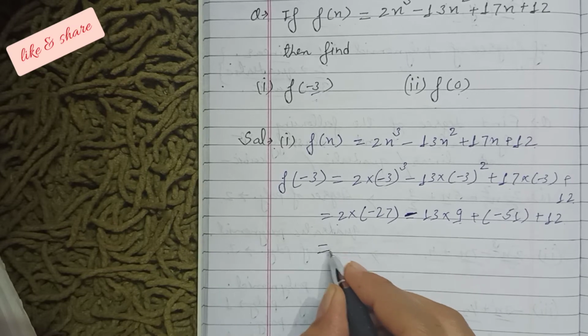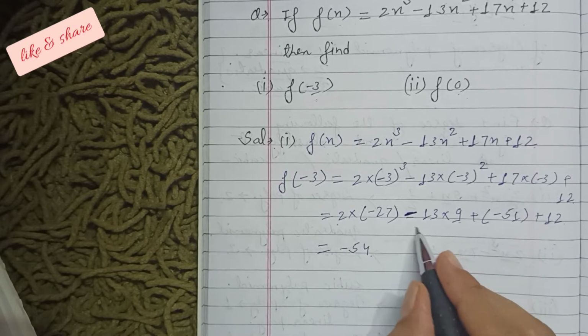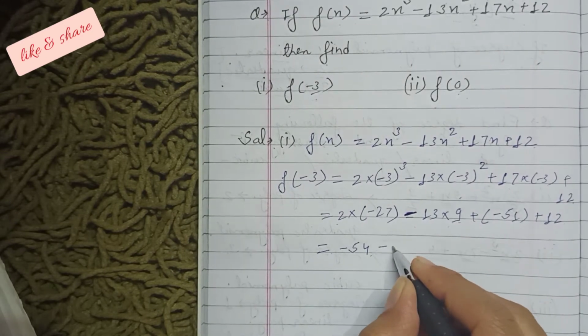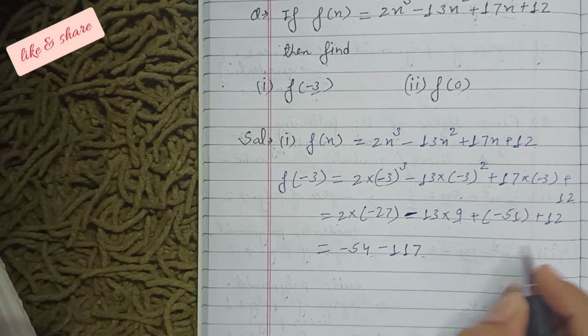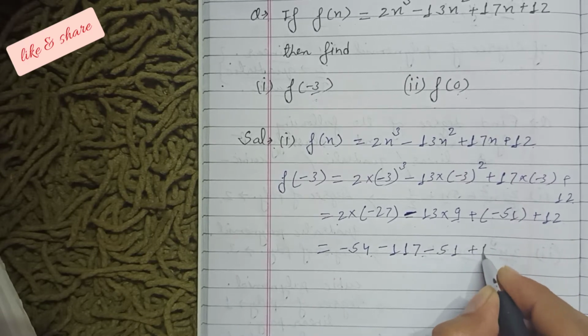−27 into 2, on multiplying we will get −54. Minus 13 into 9 is 117 with a negative sign, and plus (−51) plus 12.